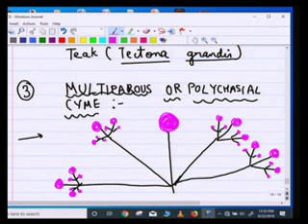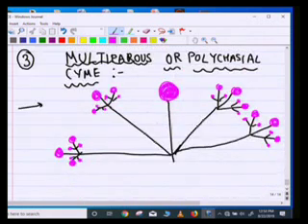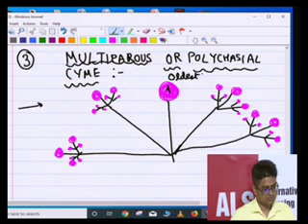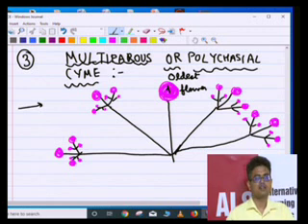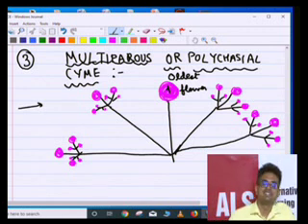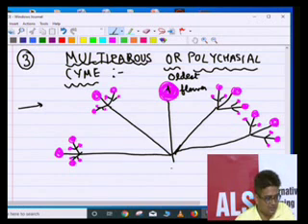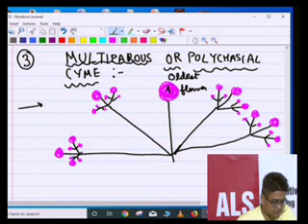Okay, this is the multiparous cyme. This is the oldest flower, one. Oldest flower, and second, and second, third, and third, fourth, and fourth. So this is how it's happening. So this is the example of multiparous cymose.